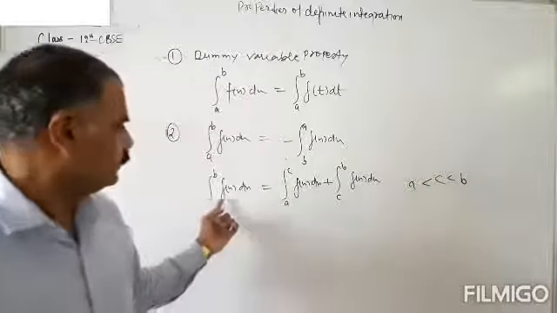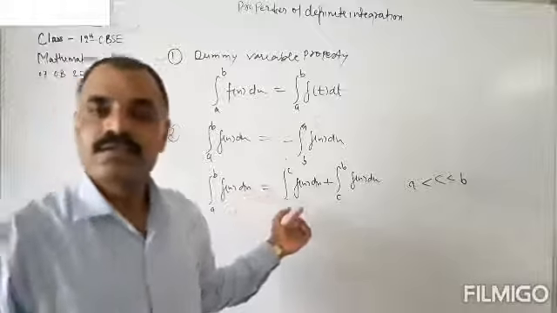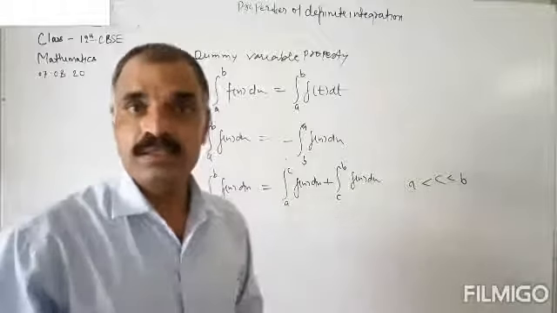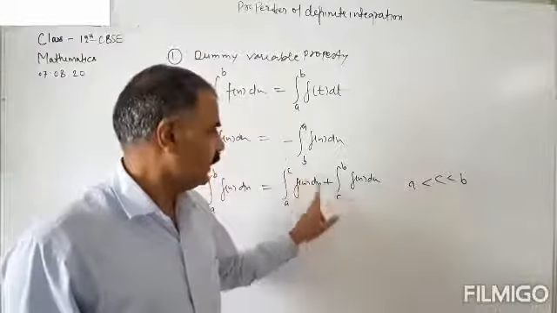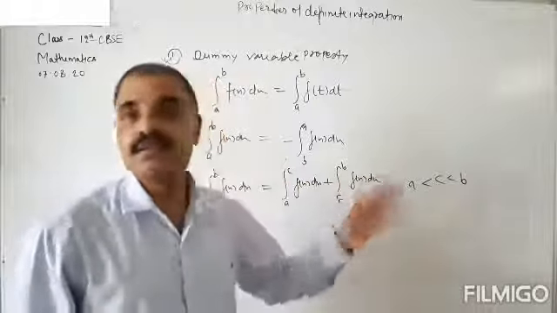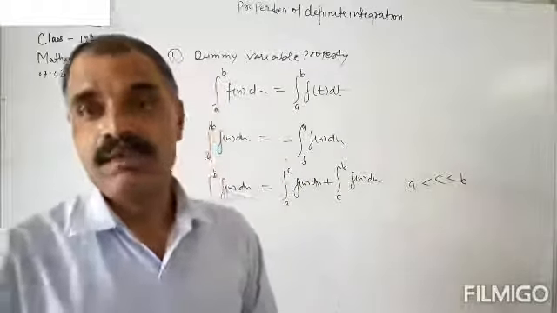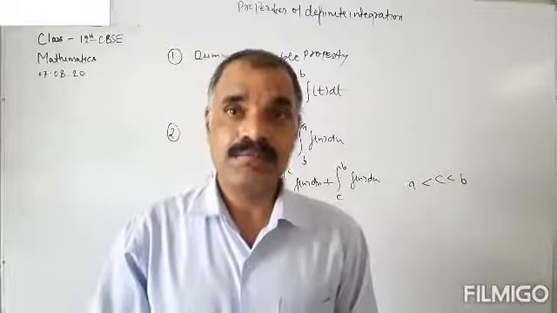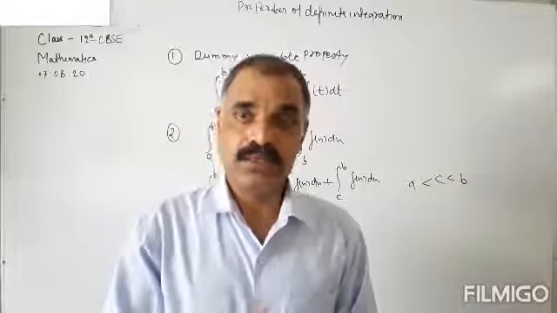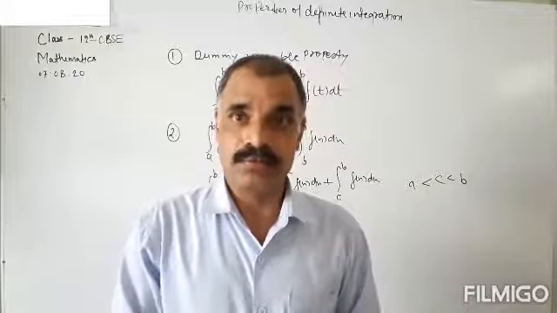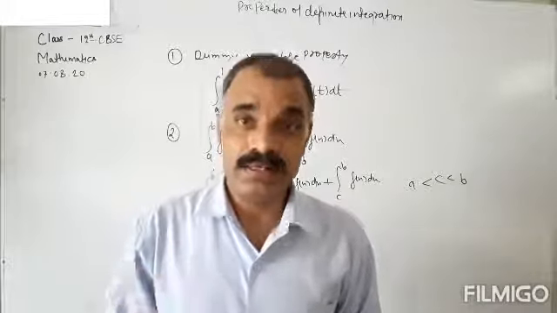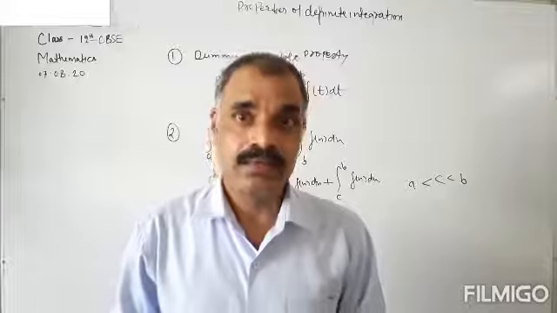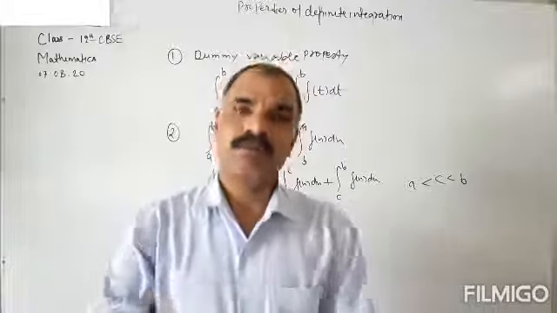Then integration a to b f(x) dx can be changed into integration a to c and c to b. Means the limit can be split. So this is the third property.